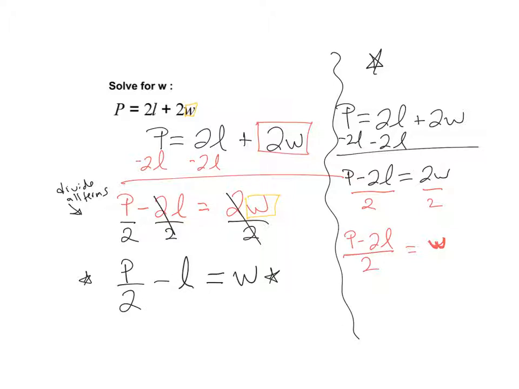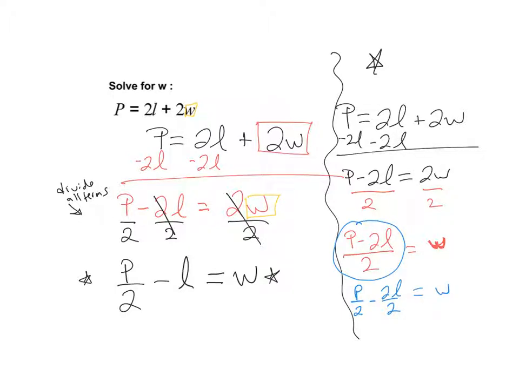So it is important for you to know that this part of the expression is equal to P divided by 2 minus 2L divided by 2. When you've got this entire P minus 2L divided by 2 expression, we have to remember this means that both terms, P and 2L, are being divided by 2.